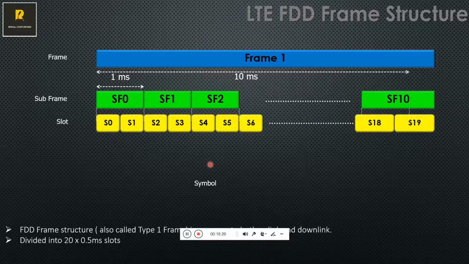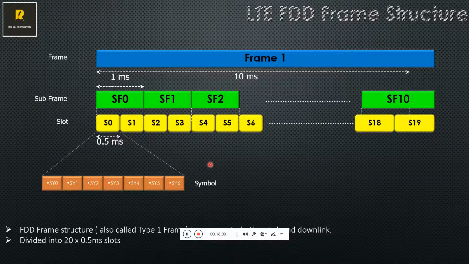That means there will be 20 slots in a single frame, and a single slot is subdivided into symbols: 7 symbols in case of normal, and in case of extended it is divided into 6 symbols.